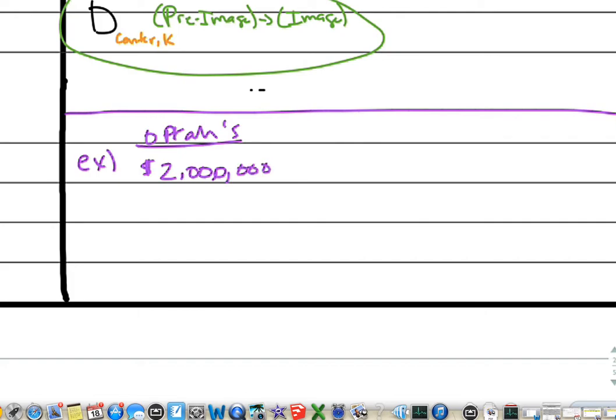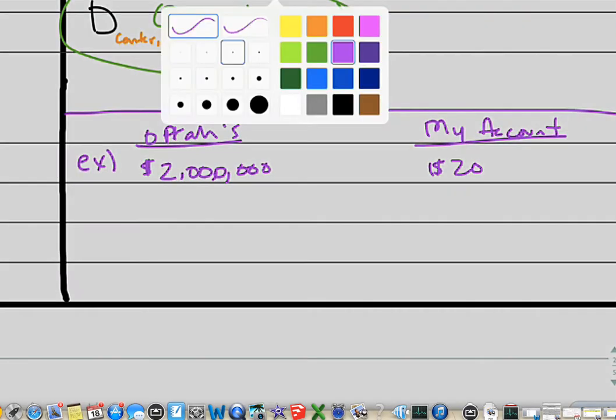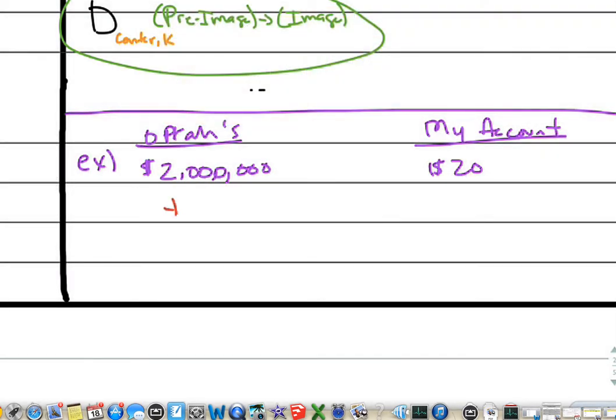And then let's say you take my bank account, and let's say I have 20 bucks in there, right? Which is probably pretty accurate. All right. If I were to add 5 to each one, it would gain the same amount. So of course this would be at $2,005, and mine would be at $25, but we gain the same exact amount.